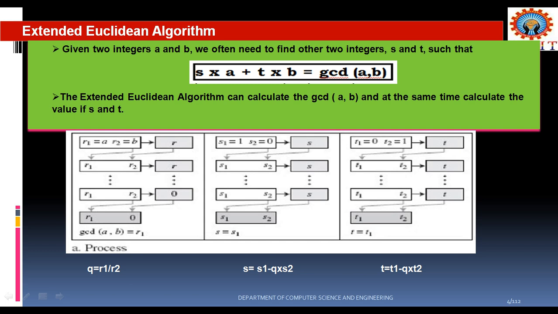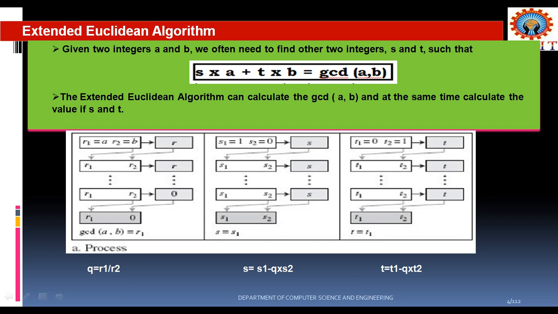Here we need to find the values of the s and t variables. So the extended Euclidean algorithm is useful to calculate the GCD of a comma b and, at the same time, calculate the values of s and t.